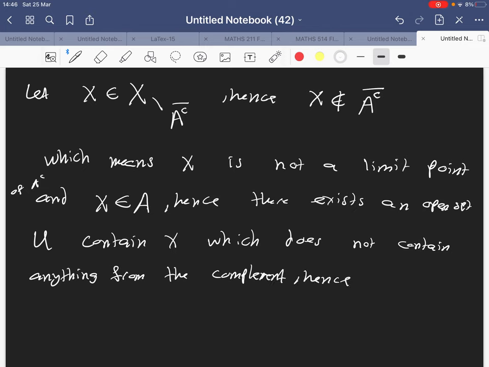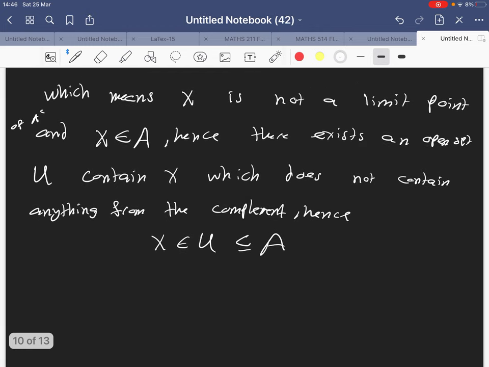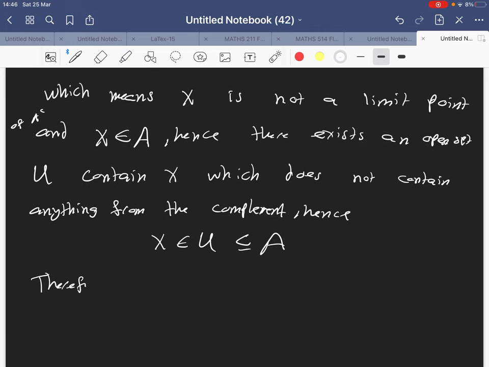Hence, X will be in U and U will be in A. Therefore, X is in the interior. And that's the proof of the first theorem that will give me the relation between the closure and the interior.